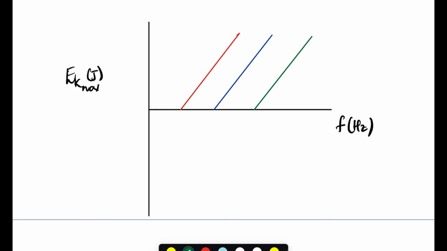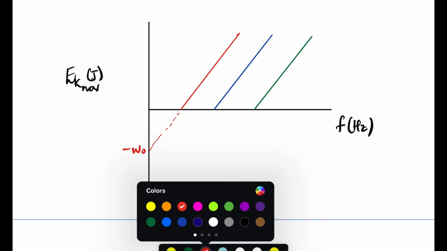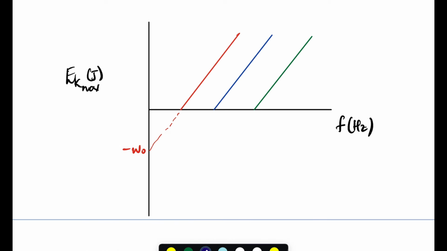Which metal has a greater work function? The one that has a greater work function is this one. This is the work function, it's negative, and this one's work function is going to be there, a negative work function, and this one's as well.